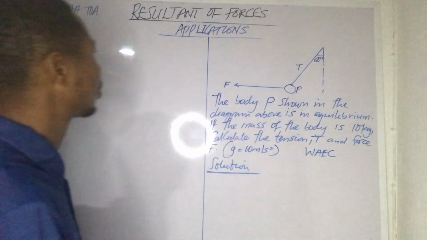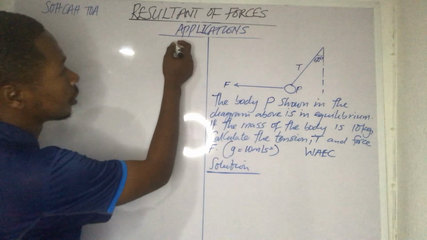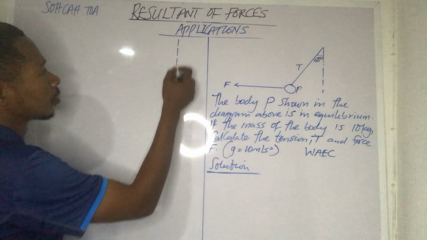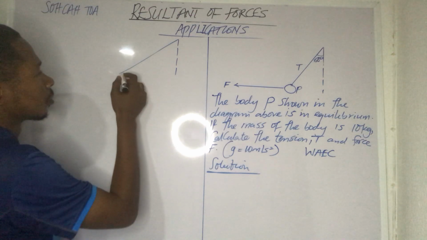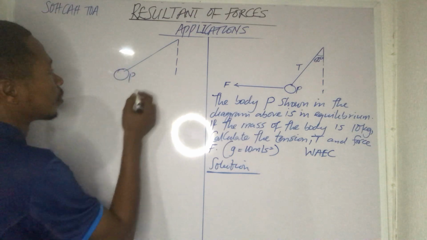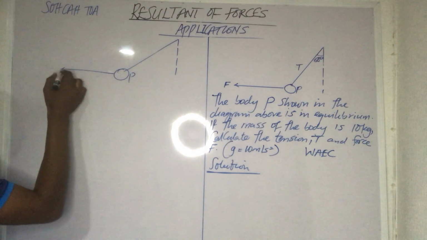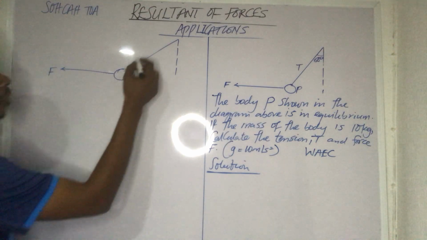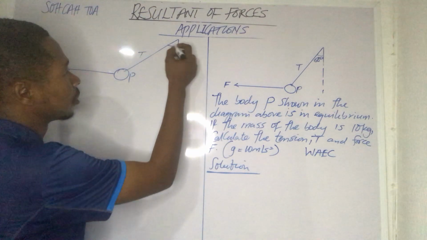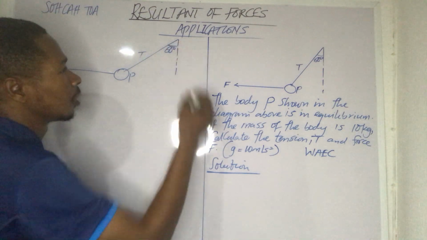This diagram is what you are given. That is the body, and the pull force. This is the tension. This is the force. And you have angle 60 in this place.